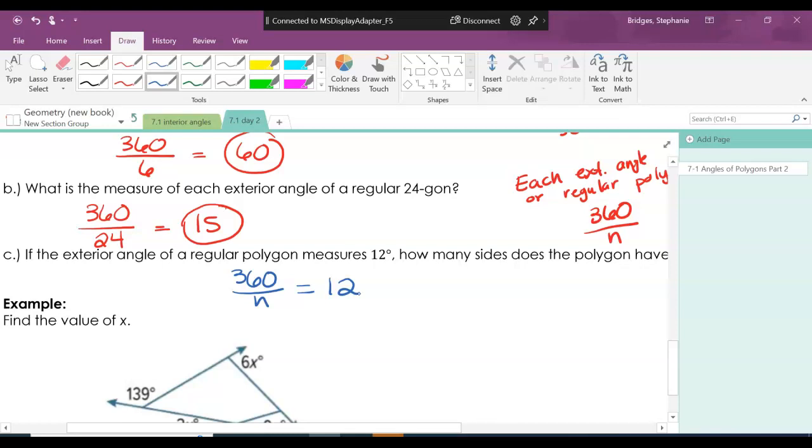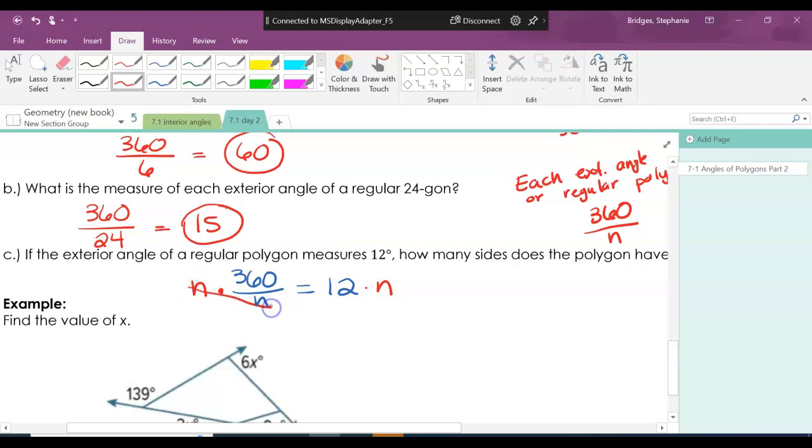I used the formula for one exterior angle. I set it equal to what they told me that angle was. And then I can just solve. Yesterday when we set up our equation and n was on the bottom of a fraction, what did we do first? Multiplied by n.